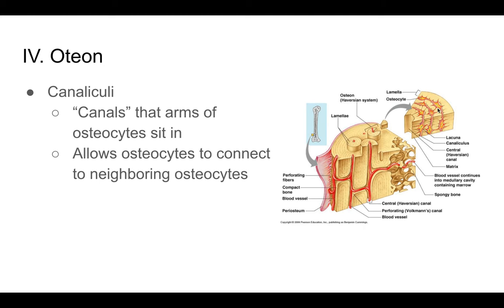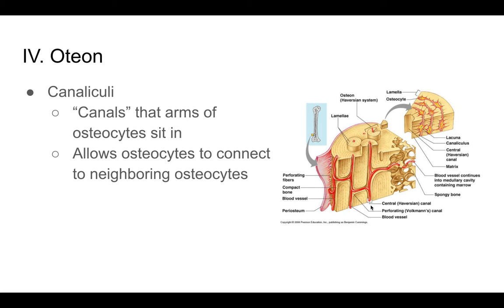It needs to extend an arm out to the next inner osteocyte, who then extends an arm out to the next inner osteocyte, who then extends an arm into this hollow space right here that we will find is full of blood vessels.